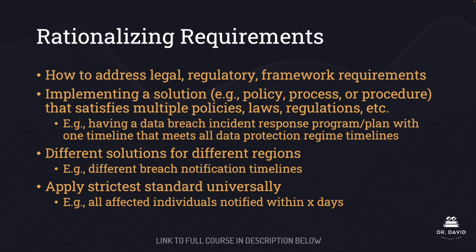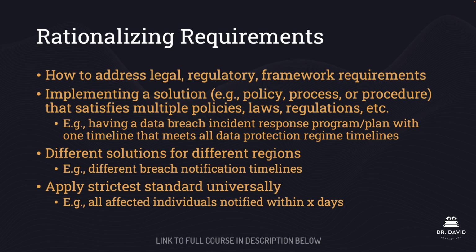Well, if you think back to the second half of Domain 1, you'll remember that we have laws, regulations, and policies, as well as a number of different frameworks located throughout the entire world. And different jurisdictions are going to have different laws, regulations, and frameworks. And so what we're looking to do when we rationalize requirements is to implement a solution that satisfies multiple policies, laws, and regulations.